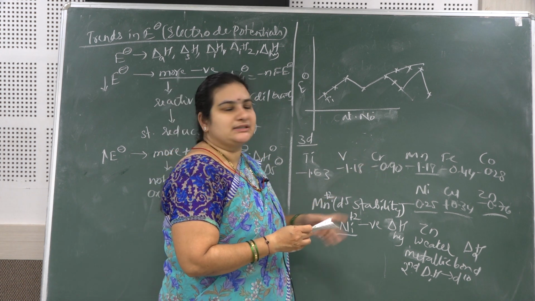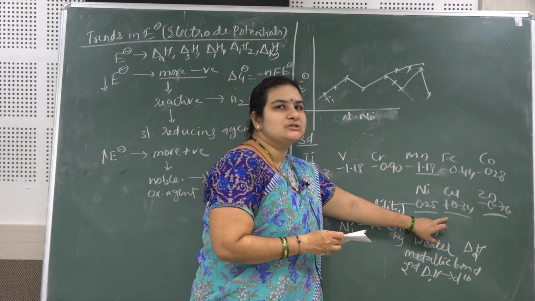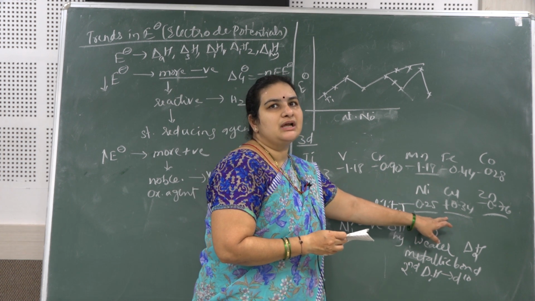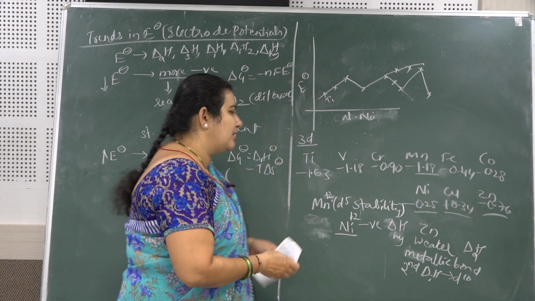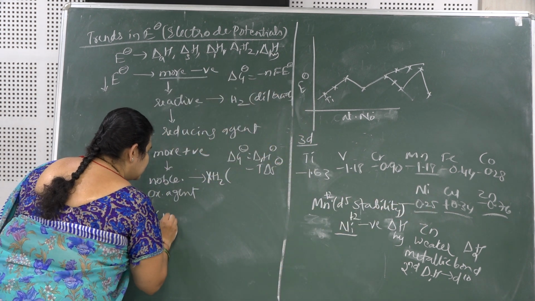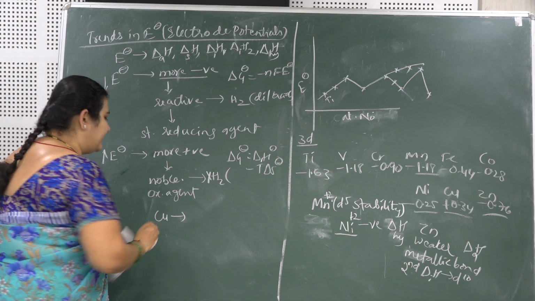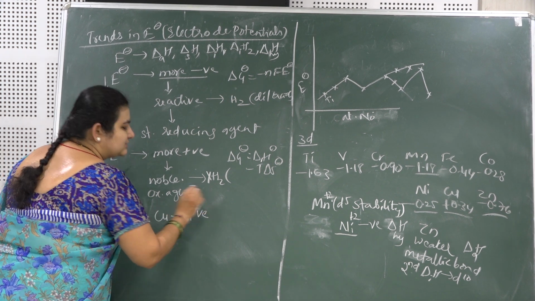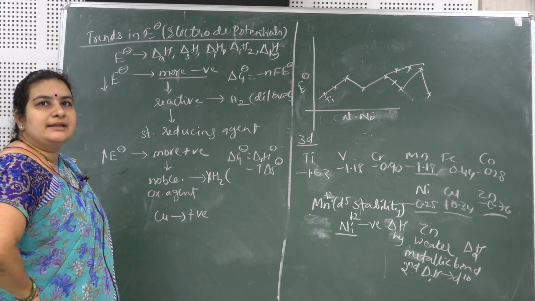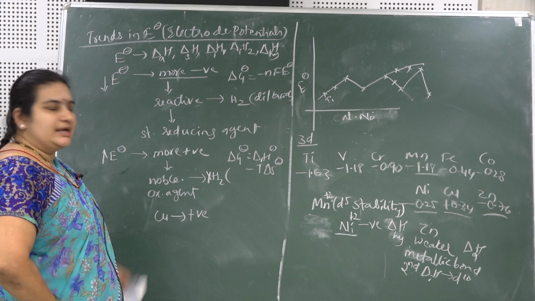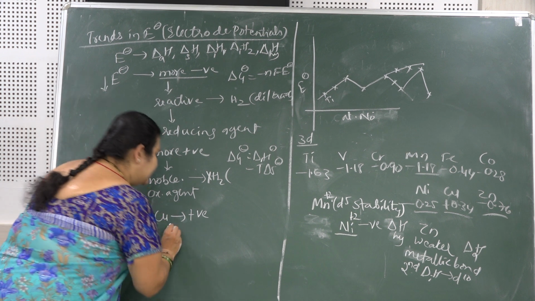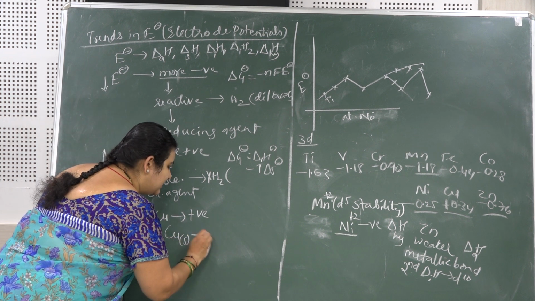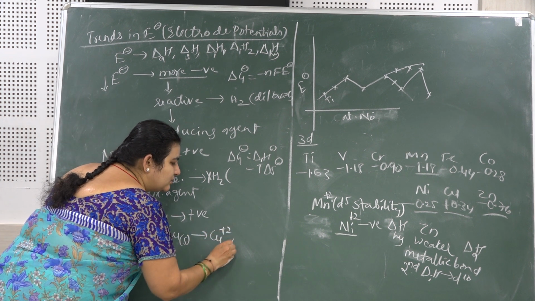Here I have also underlined copper. The copper value is just different from the others. So what is the reason? Copper has a positive electrode potential rather than a negative one. It shows that copper is unable to easily form Cu2+ ions.